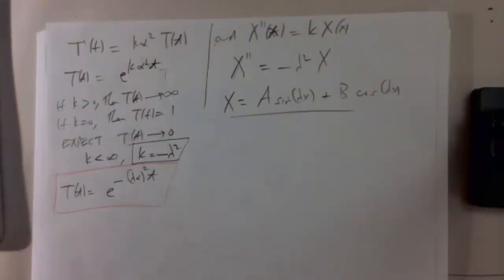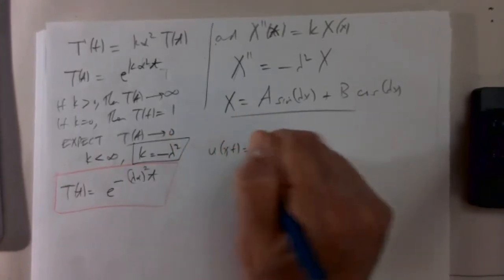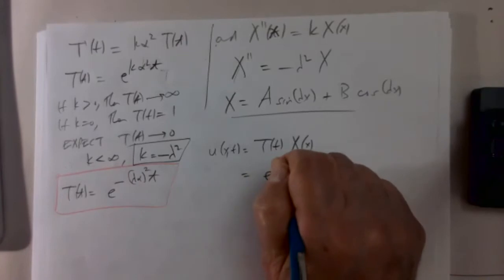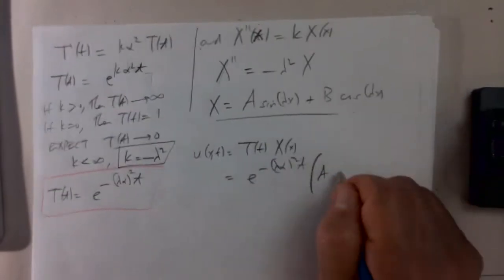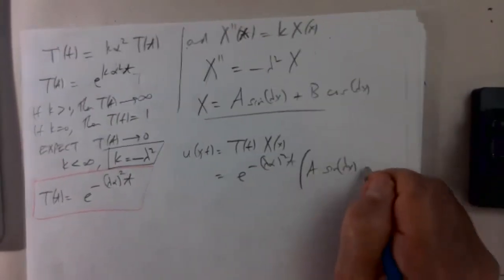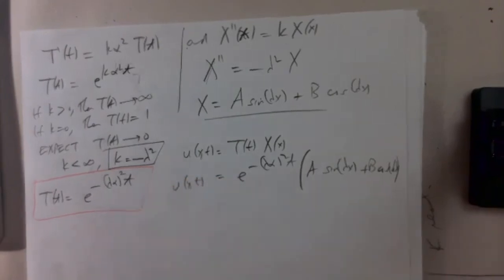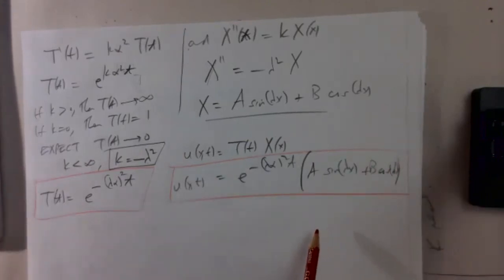So u of x, t, which is T of t X of x, is e to the minus lambda squared alpha squared t times a sine lambda x plus b cosine of lambda x. So if we separate variables, a function of this type will always satisfy the differential equation.